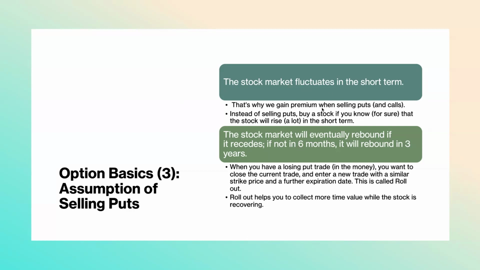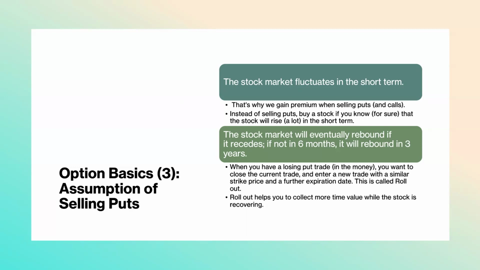The higher the volatility, the higher the premium. This also means if you know that a stock will rise in the short term, through your analysis or your observation, you should buy the stock instead of selling puts. Because when you sell puts, you only get a fraction of that stock's upward movement.